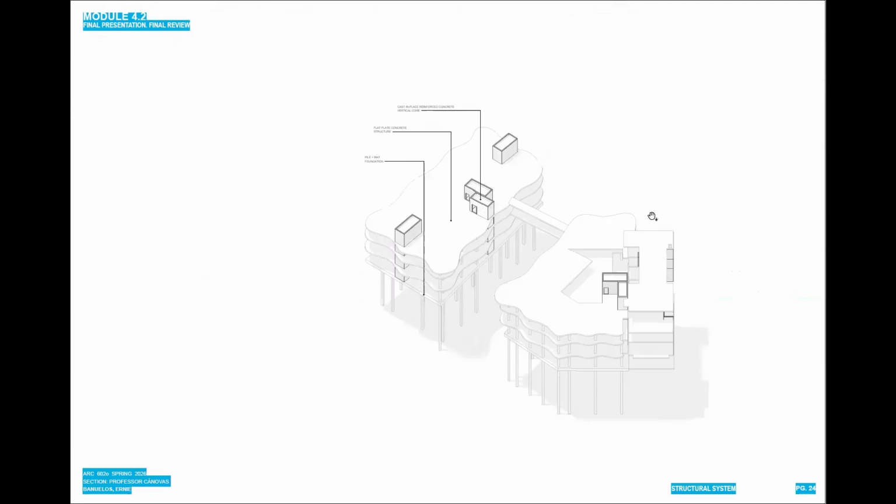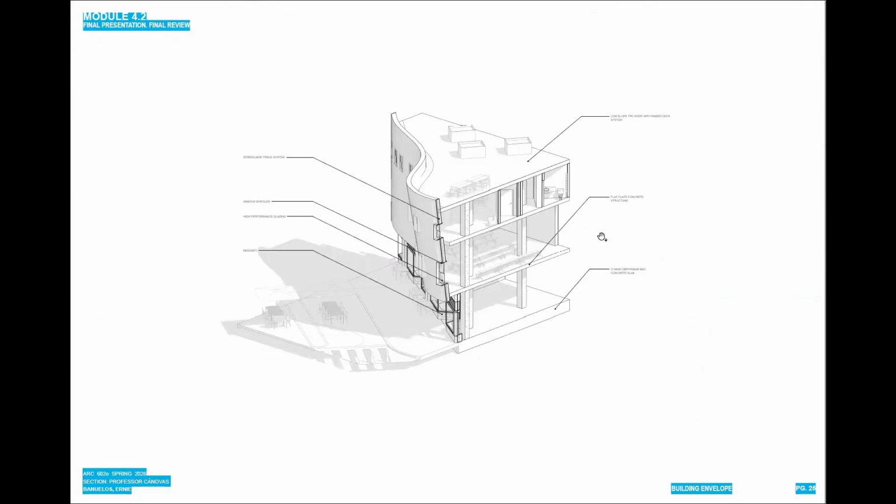For the structural system, going with a flat plate concrete structure system. Vertical cores are all cast in place reinforced concrete. For foundations, going with pile and a mat foundation at the first floor that is 3 feet thick.